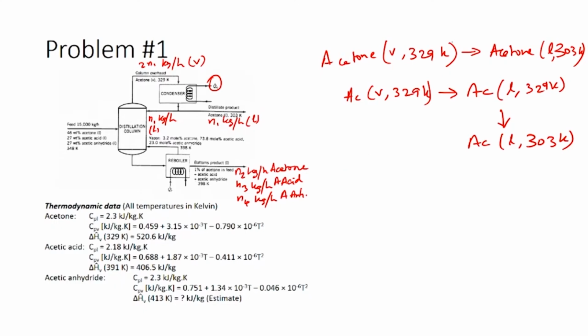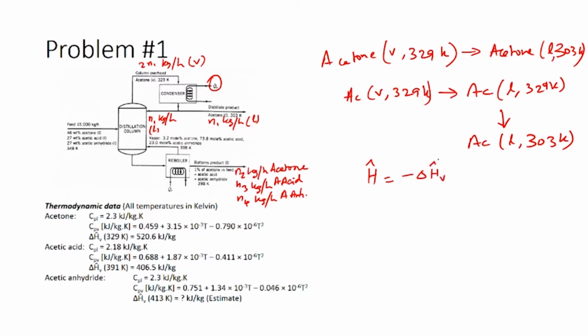The total change in specific enthalpy of the process for the condenser, delta H cap, would be equal to minus delta H cap V.